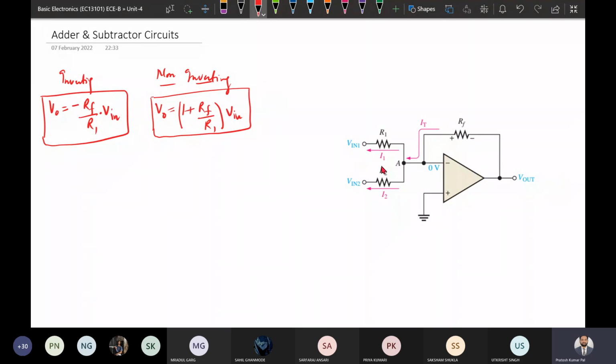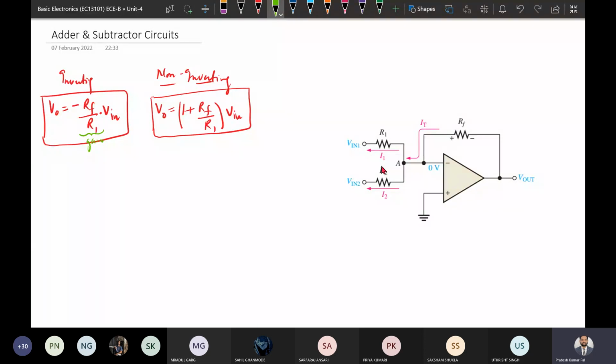The output depends on minus RF by R1, and this minus RF by R1 is considered the gain. So the gain in case of inverting is minus RF by R1.